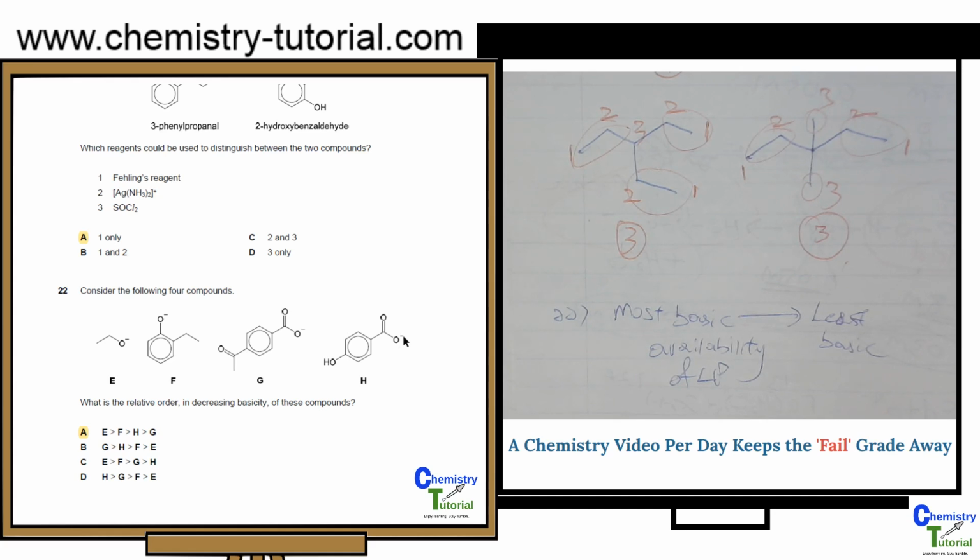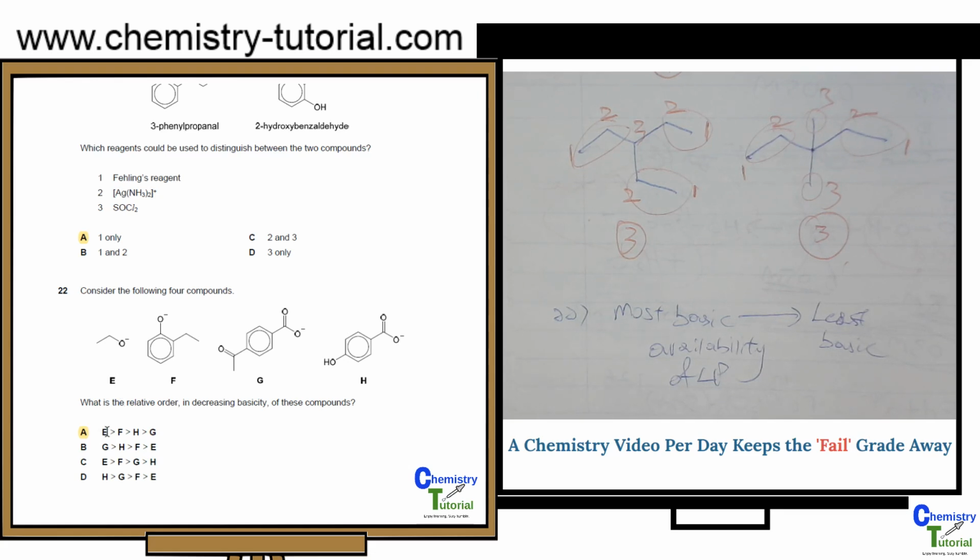So because the lone pair is able to get delocalized, it makes it less readily available for donation, which means that F, G, and H must be weaker bases than E. E is a stronger base because this is an alkoxide. You have methyl group and alkyl group, which is electron donating, which will increase the electron density on the oxygen, intensifying this negative charge. Hence, E must be the most basic.